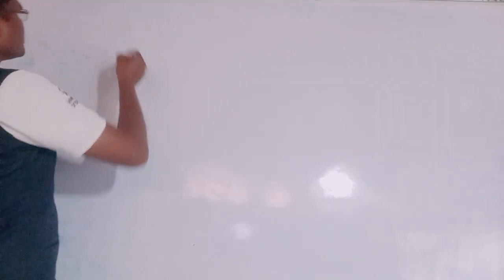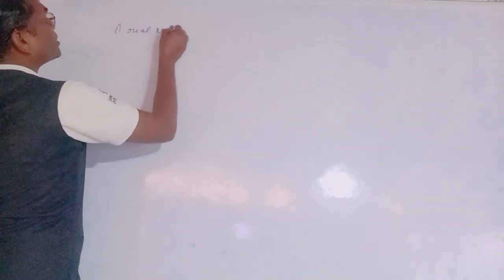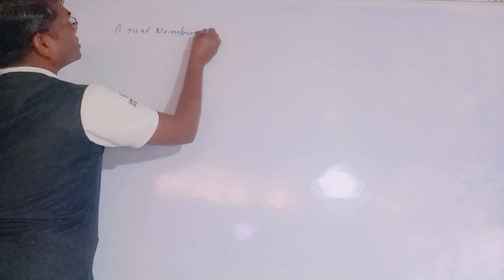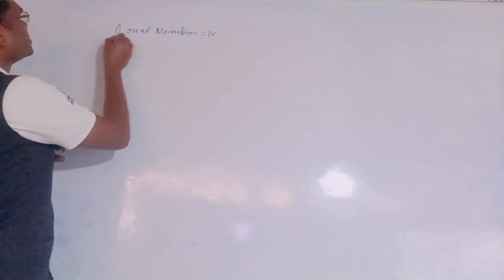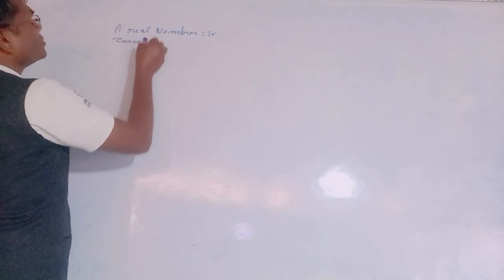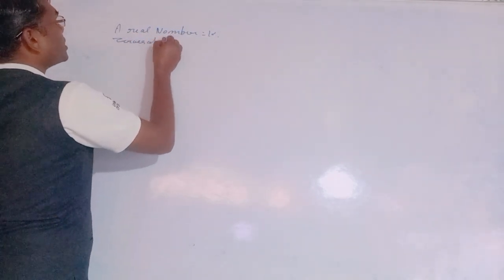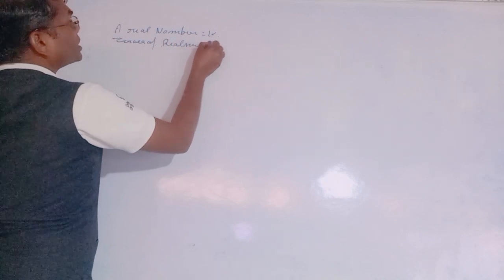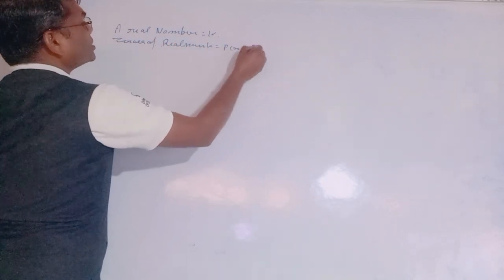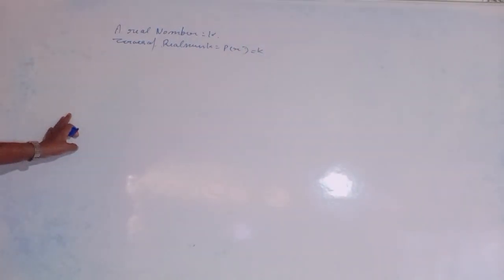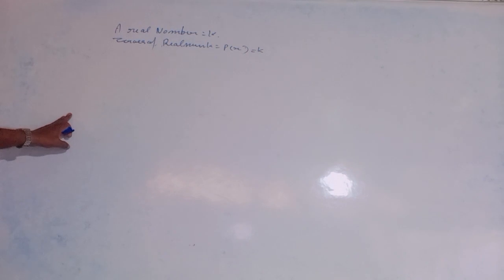Welcome once again. Today we will discuss the geometrical representations of linear and quadratic polynomials. We know that for a real number k, the zero of a polynomial p(x) is when p(k) is equal to 0.